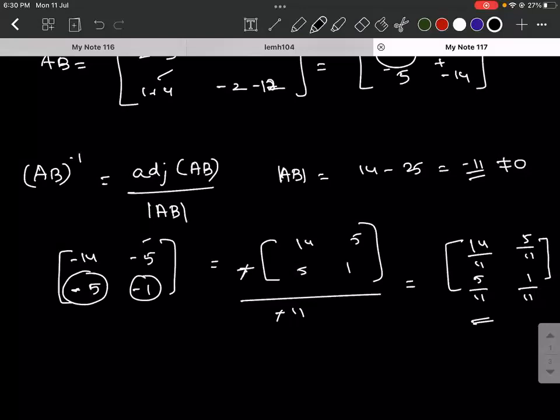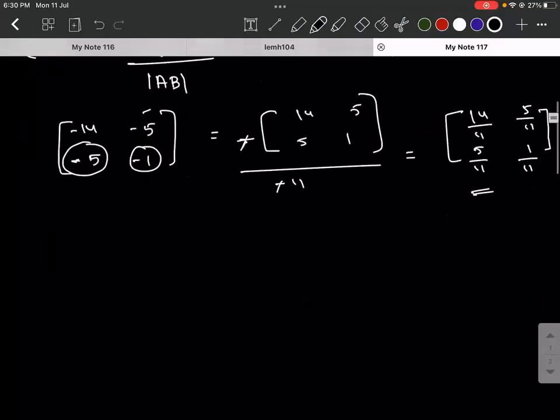So, do we have to find B inverse dot A inverse or A inverse dot B inverse? Now you have to find B inverse into A inverse because the inverse of AB is equal to B inverse into A inverse. That is actually a property, like how you do for transpose. AB transpose is equal to B transpose into A transpose.